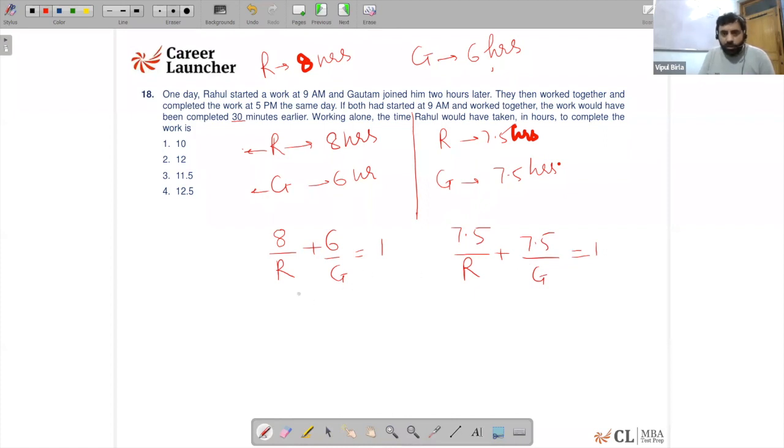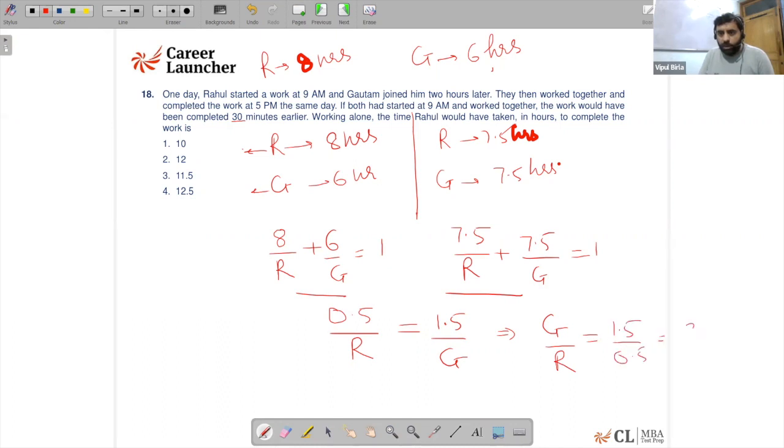So if I equate these two equations, I end up getting 0.5 upon R equals 1.5 upon G. That means G is to R is 1.5 upon 0.5, which is 3:1.